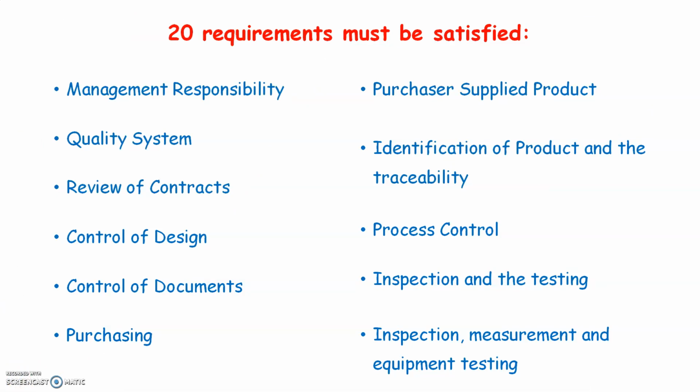Now what are the requirements that should be satisfied by ISO 9000? They are management responsibility, quality system, review of contracts, control of design, control of documents, purchasing, purchaser-supplied product, identification of product and traceability, process control, inspection and testing, inspection, measuring and test equipment.